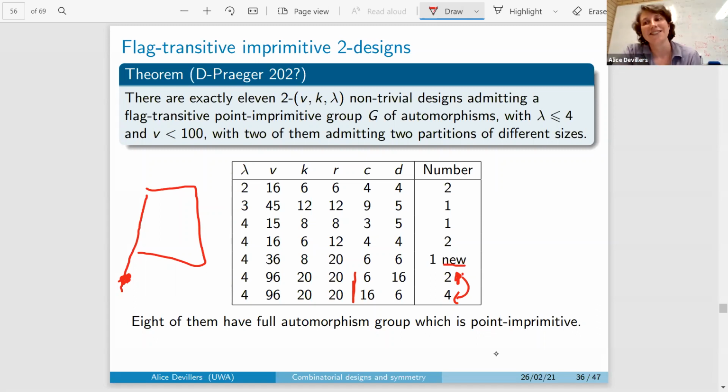Some of these designs have trivial automorphism group. That means only the identity is an automorphism of the design. So no symmetry. There are examples where there's no symmetry at all. And I'm interested in the ones where you have lots of symmetry.